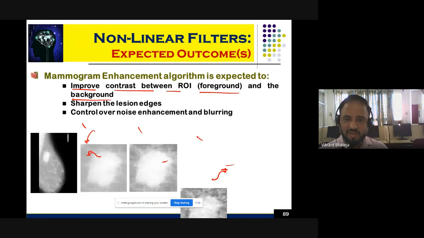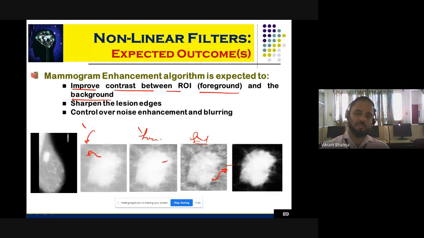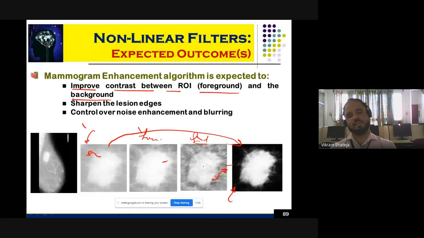So I'm just replicating the past example. These were the image responses which you are getting with your linear filter and, say, non-linear filters. But if you see this particular response, this is actually the ideal, the expected response of this type of filter. Because if this is the input image and you're getting this kind of output image, then you can see it's a very, very sharp image.